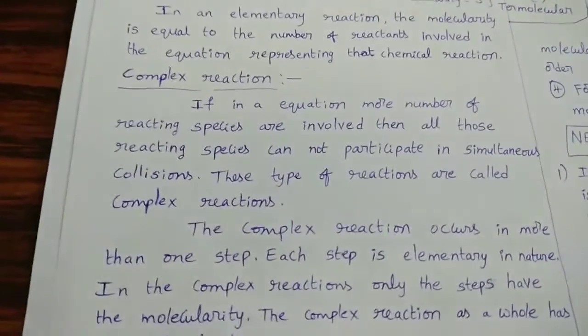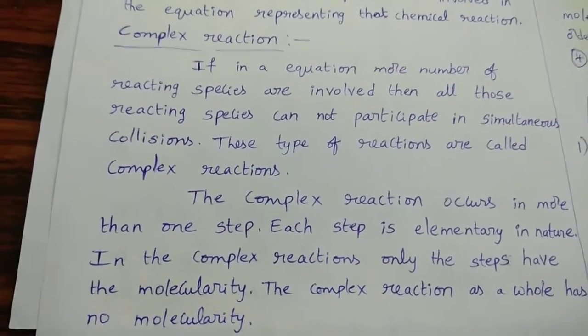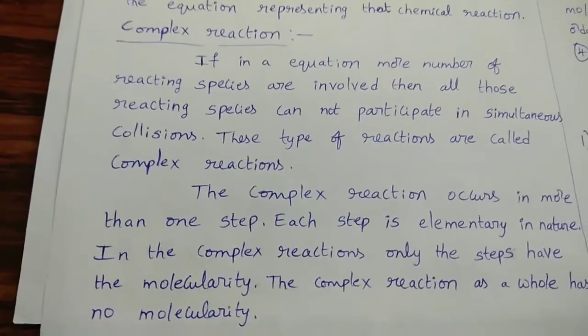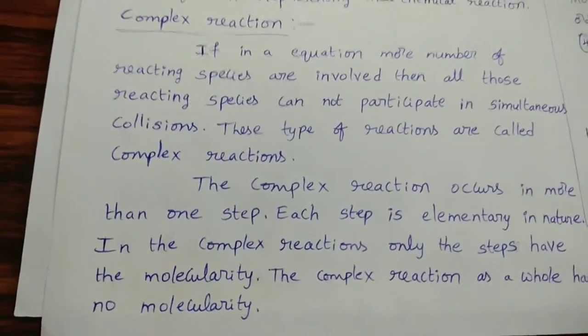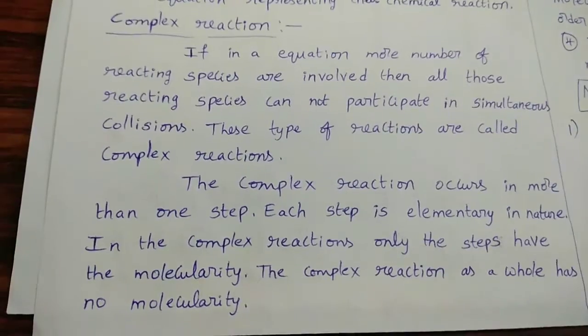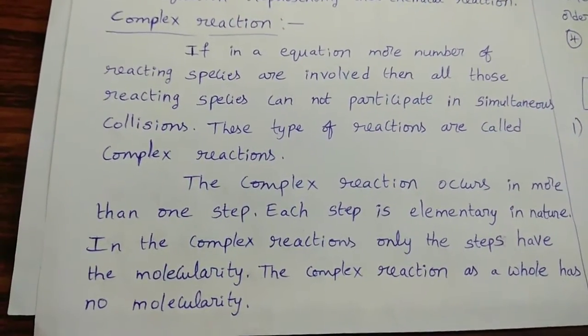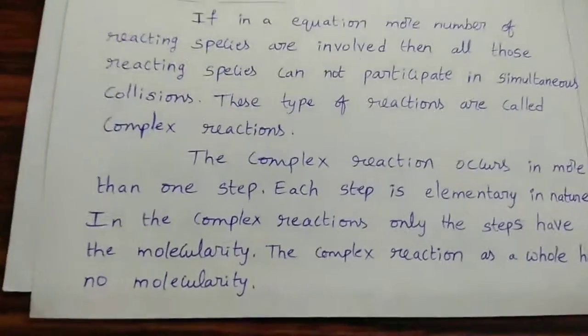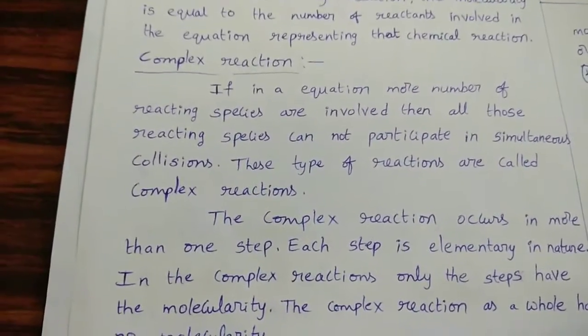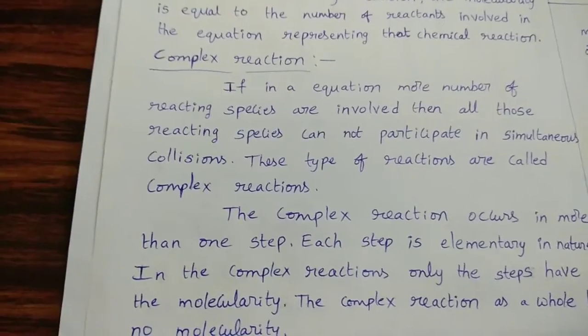See this one. The complex reaction occurs in more than one step. Each step is elementary in nature. In complex reactions, only the steps have molecularity. The complex reaction as a whole has no molecularity. Suppose for a particular complex reaction, 4 steps are there.